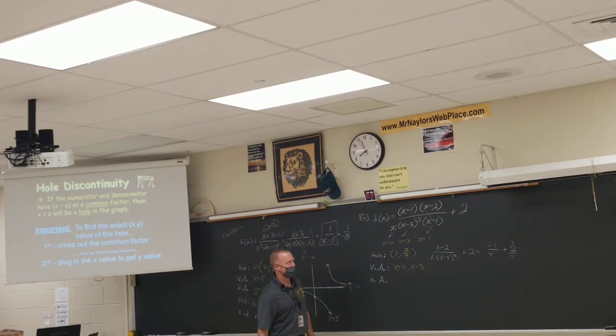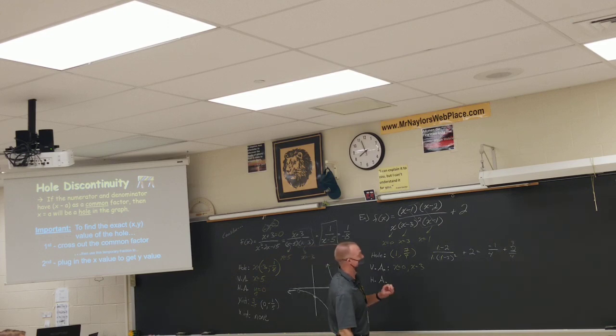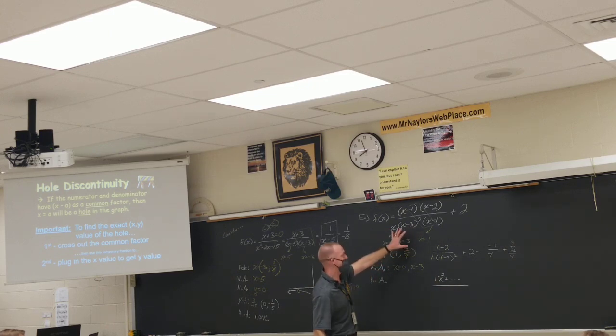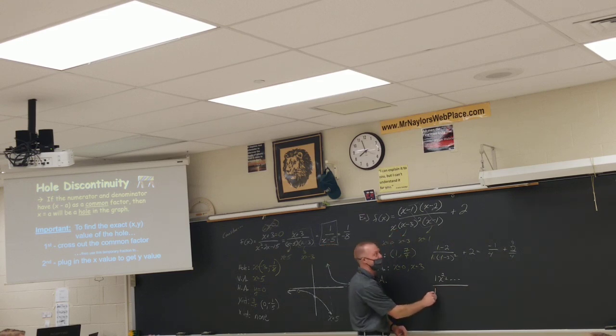Horizontal, interesting step in this problem. You know that it has to do with degrees. I don't really want to FOIL all this out so I can see the degrees. But I'm not sure we have to FOIL it all out to realize that eventually you're going to get a 1x squared in the numerator, and in the denominator, a 1 because there's no coefficients, but I'll have x to the 4th.